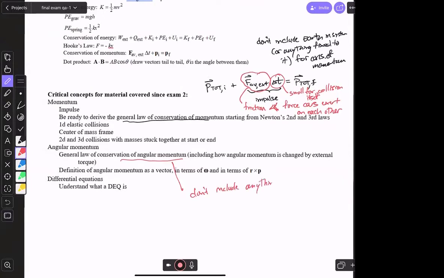So an example there would be the problem where you had the putty that was falling and was going to hit this little protrusion from this wheel. There you want to include the putty and the wheel in your system, but not the Earth, which the wheel is attached to.